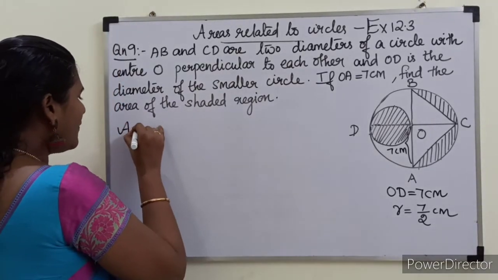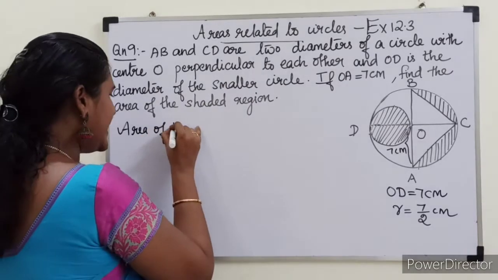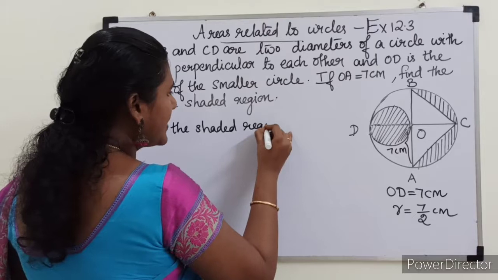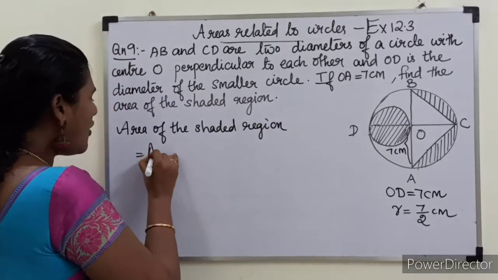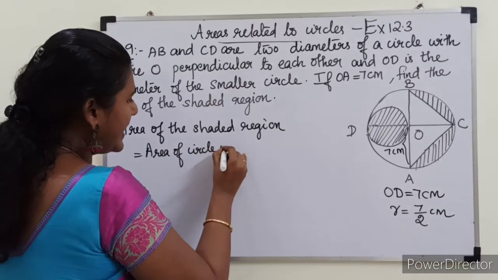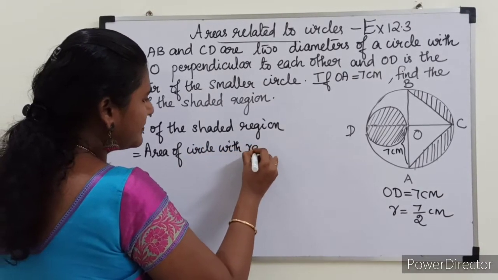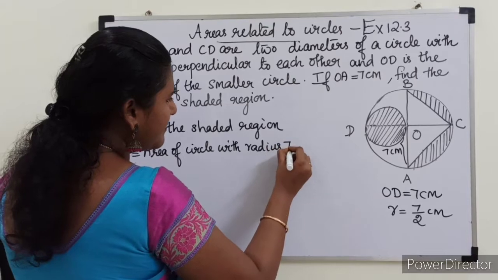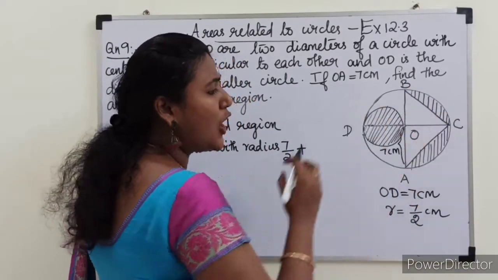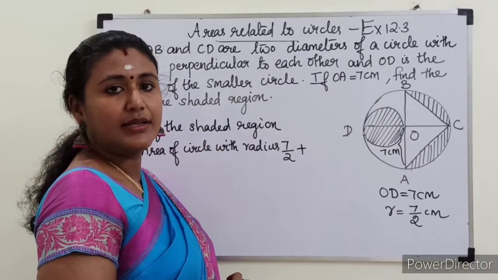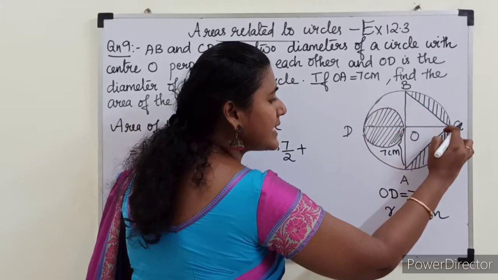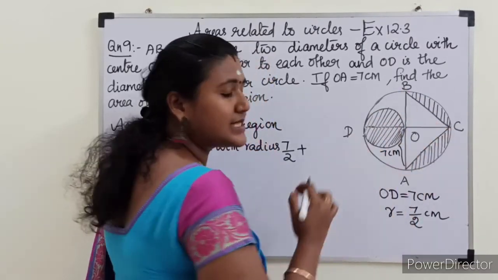So for finding the area of the shaded region, we have to add the area of the circle with radius 7/2 plus this region. How are you going to find the area of this shaded region? That is the area of the semicircle minus the area of triangle ABC.